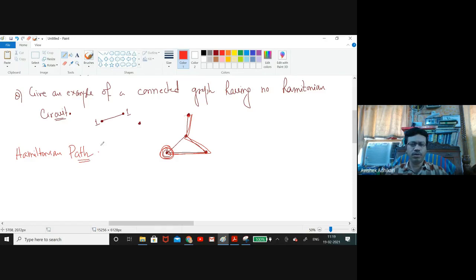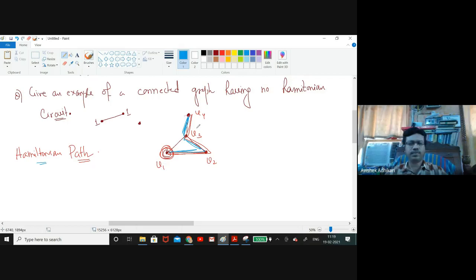Here, if V1, V2, V3 and V4 are the four vertices, suppose you explore like this and this, then this path will contain all the vertices of the graph exactly once. So that is known as a Hamiltonian path. This graph does not have a Hamiltonian circuit, but it will certainly have a Hamiltonian path.